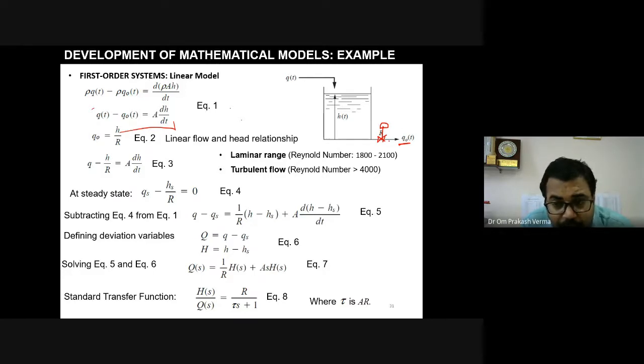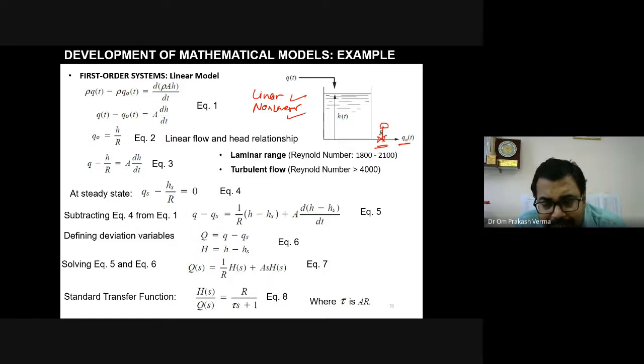The characteristic of this valve we will read after 10 to 15 lectures in the final control element chapter. The valve characteristic may be linear in nature or non-linear in nature.